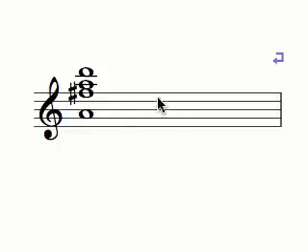Okay, let's say that you have a triad here. Let's do something like this. So I have these three notes, and I have to figure out what kind of triad it is and what inversion it is.